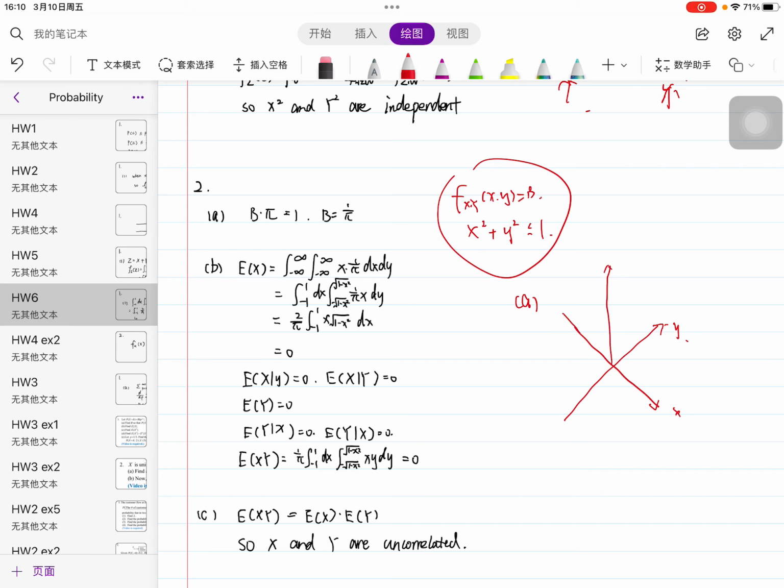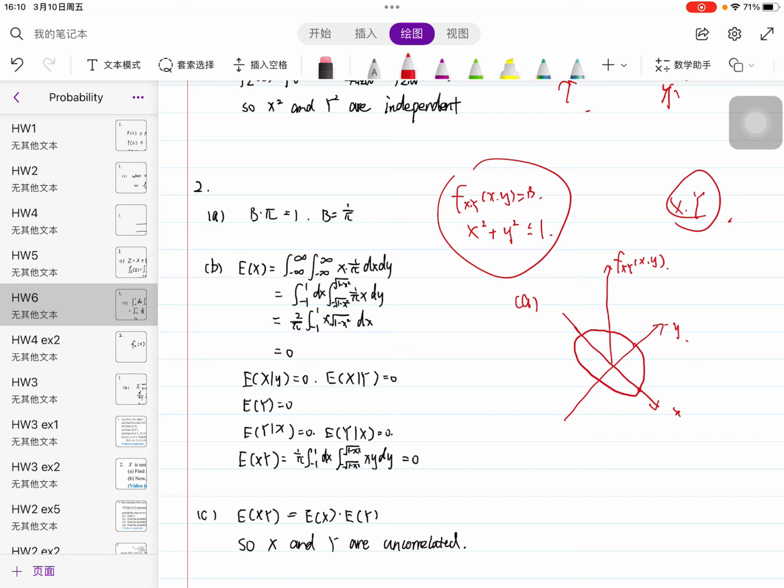This is the joint density function, and x and y here. Since x to the power of 2 plus y to the power of 2 is smaller than or equal to 1, the figure of x and y should be a circle, right?